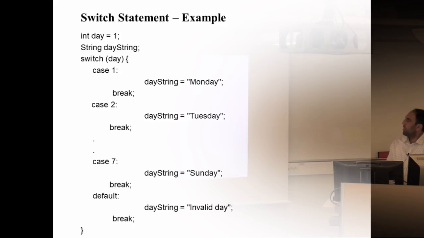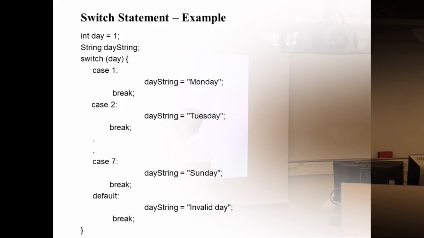So for example, in this case, we have the value of day equal to 1. So it checks with the different cases defined. In this case, the value matches the first case statement, and so the day string will get the value of Monday. And then since we have a break statement, the break statement will put the control out of the switch statement. But if the value of day, for example, is 7, then it will evaluate the cases.